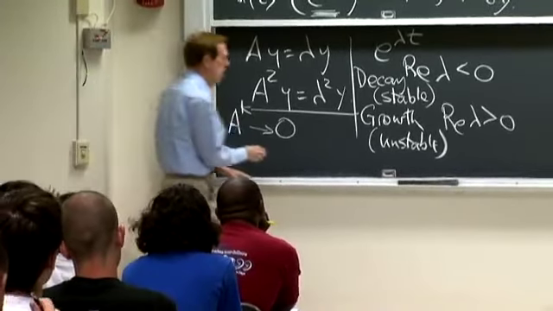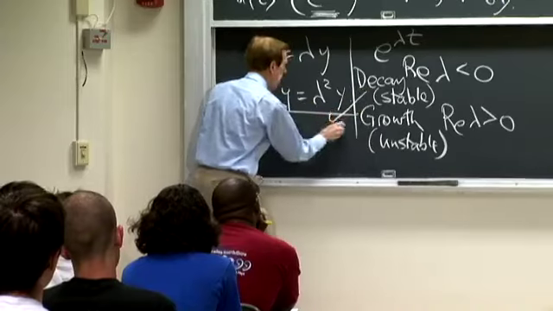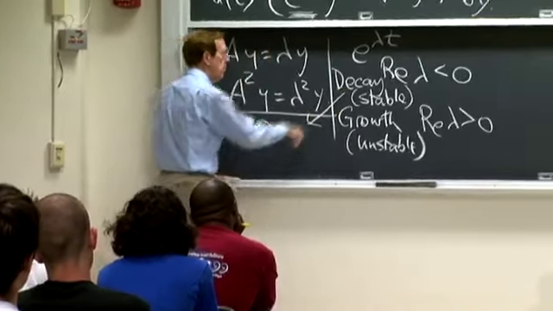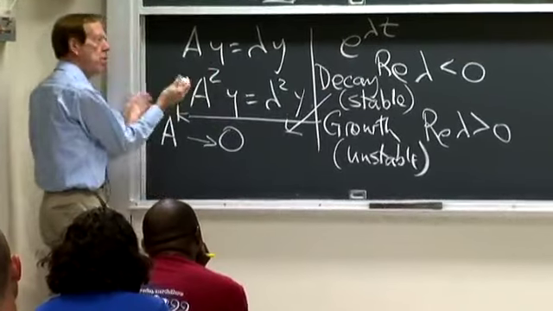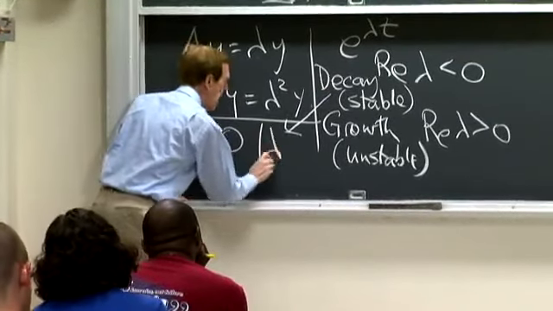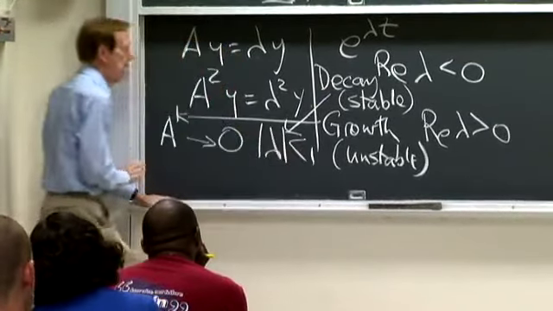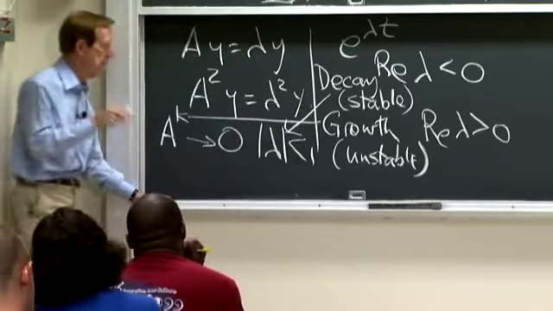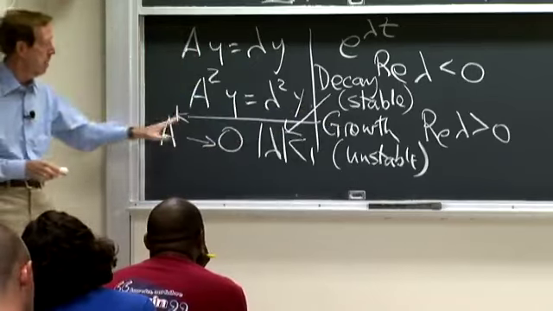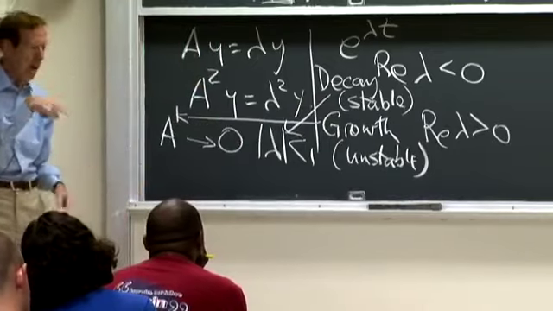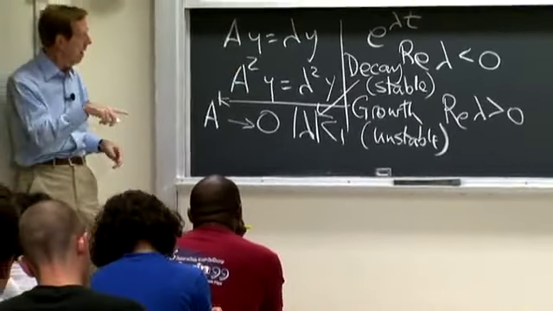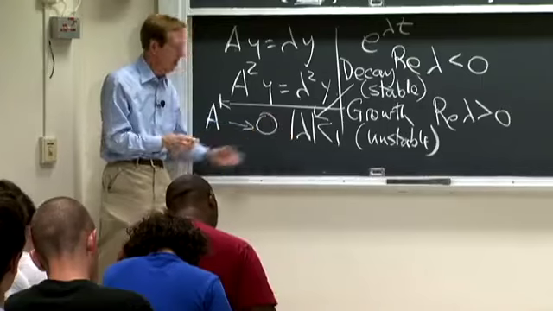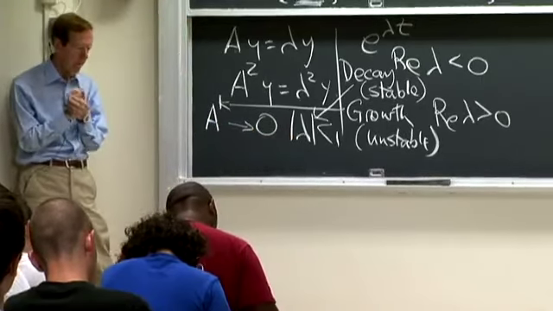So the test for stability, in the discrete case, won't be the real part of lambda, it'll be the size of lambda less than 1. And growth would be the size of lambda greater than 1. Again, there'll be this borderline case when the eigenvalue has magnitude exactly 1.